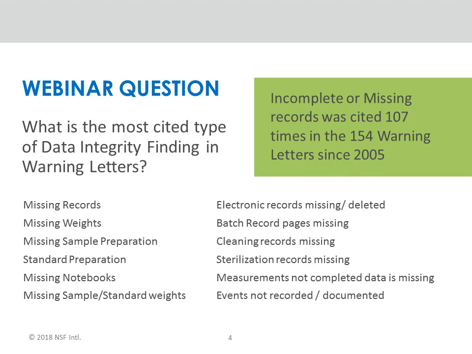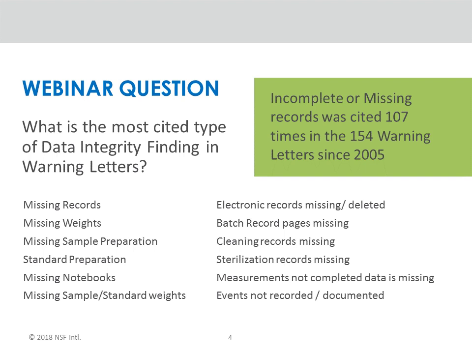Moving on to the next slide. I'd like to start the webinar with this question. What is the most cited type of data integrity finding in warning letters? And I think this one is kind of surprising to some, but really it's a very basic deficiency, which is really around incomplete or missing records.